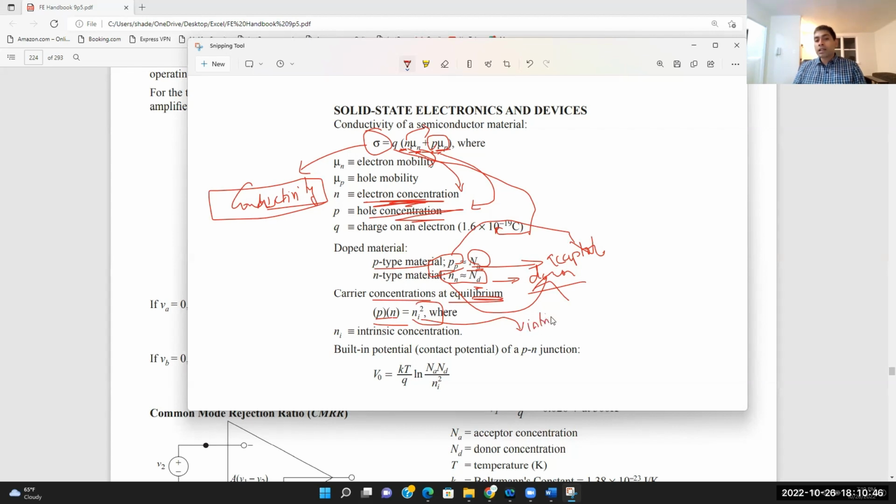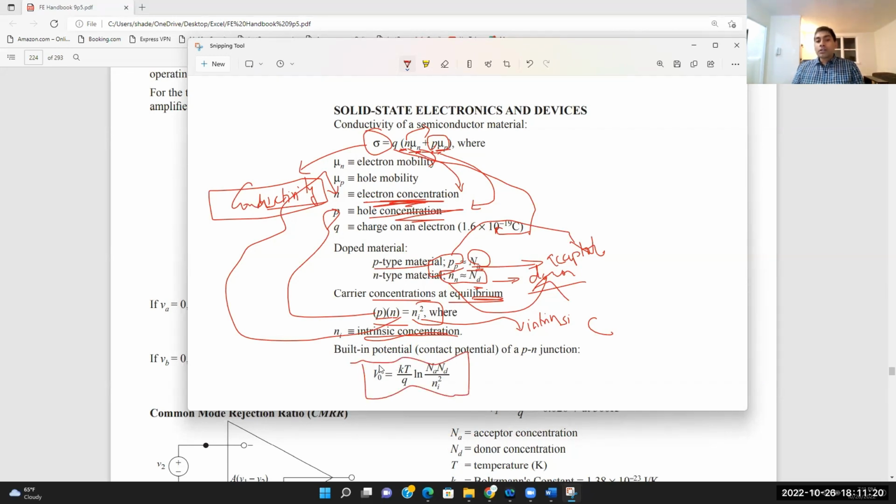The intrinsic semiconductor concentration squared equals the concentration of holes multiplied with the concentration of electrons. It's written over here. Any confusion with this? I hope not.